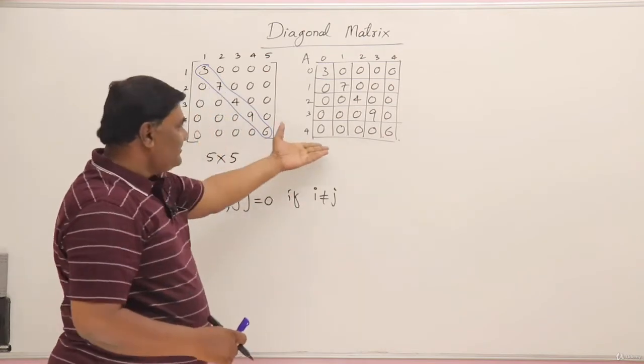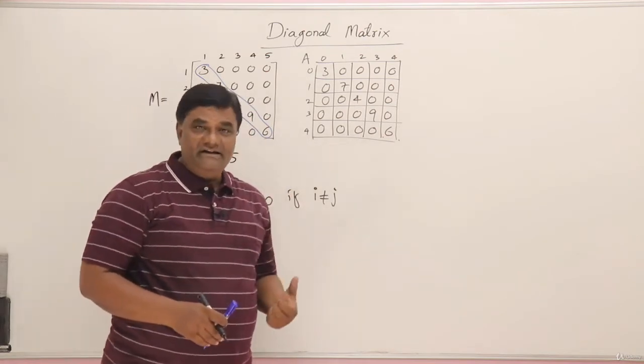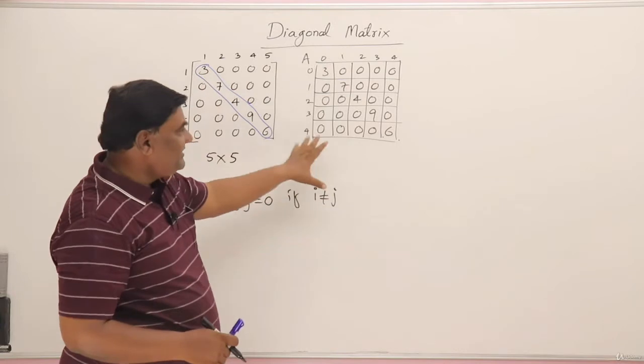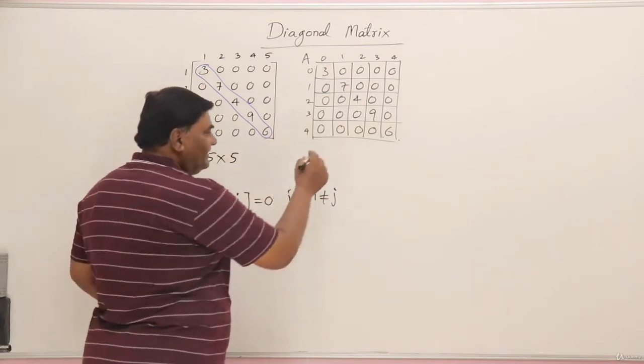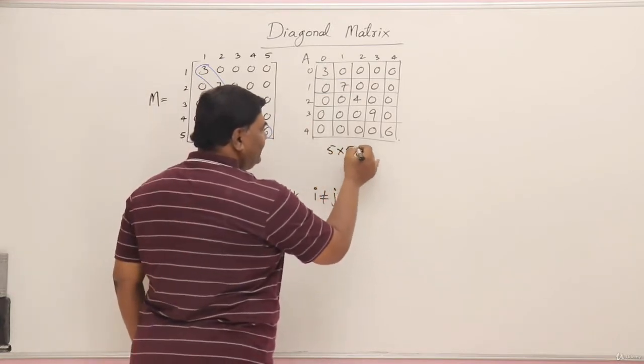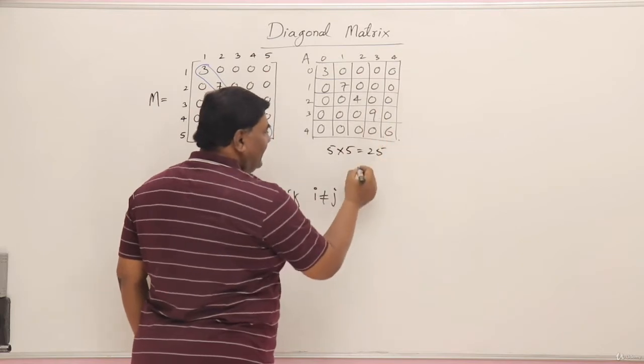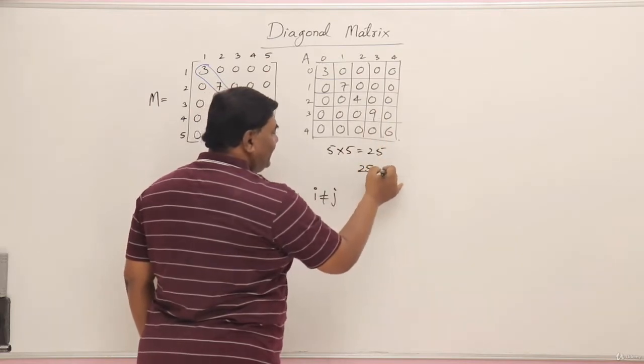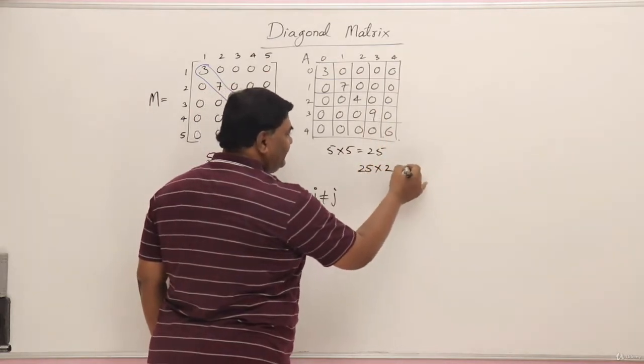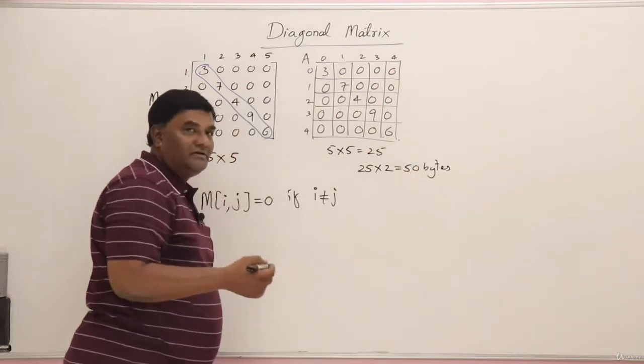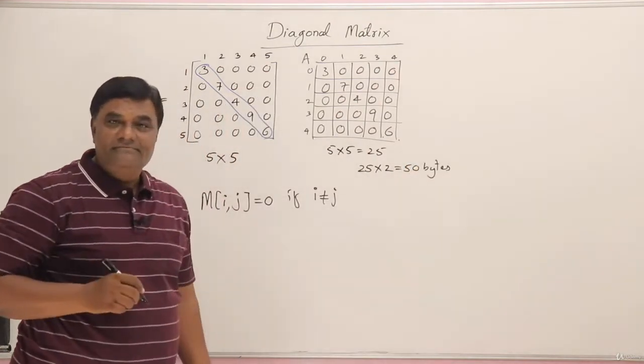If these are integers and an integer takes 2 bytes, then how many bytes of memory is this array consuming? There are 5 into 5, that is 25 elements, and each element takes 2 bytes, so it is 50 bytes of memory it's consuming.